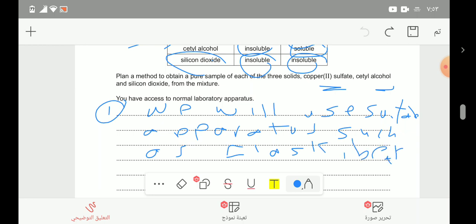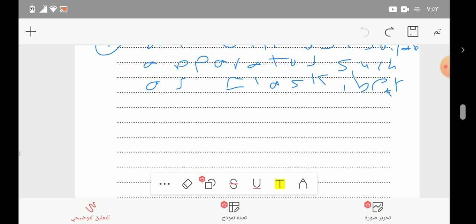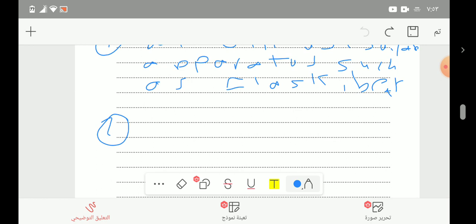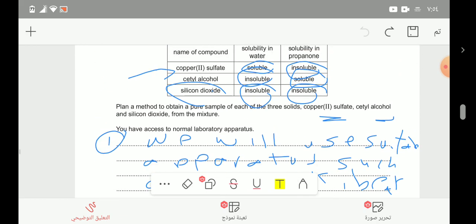Firstly we'll try to separate copper 2 sulfate.